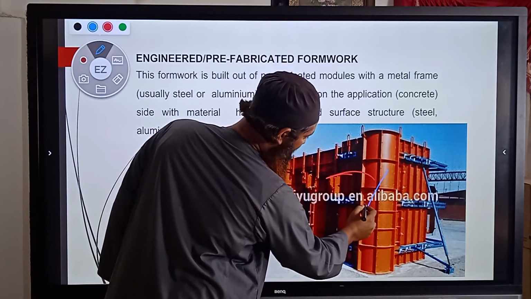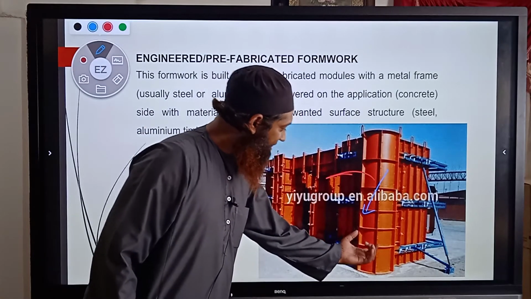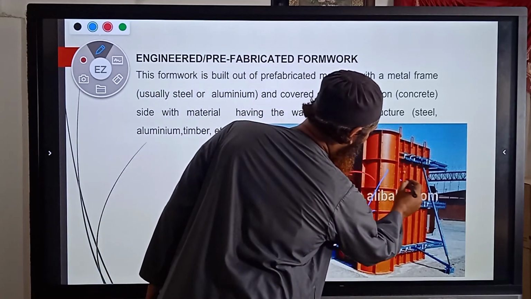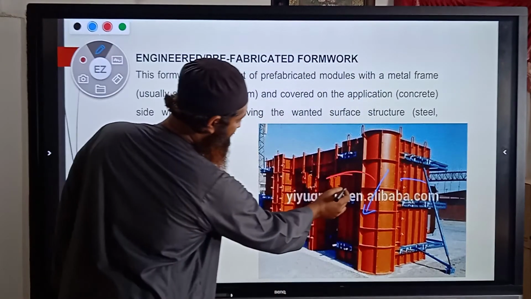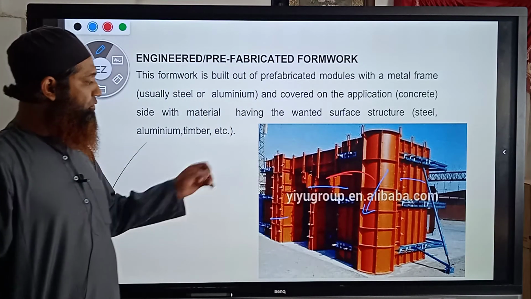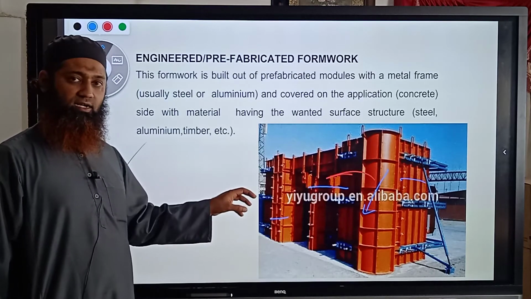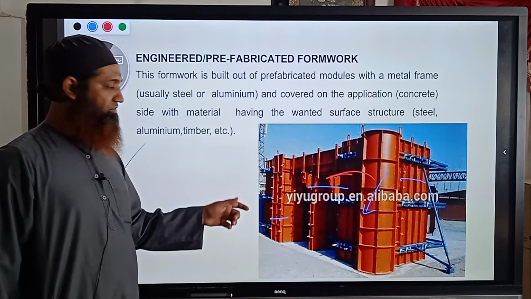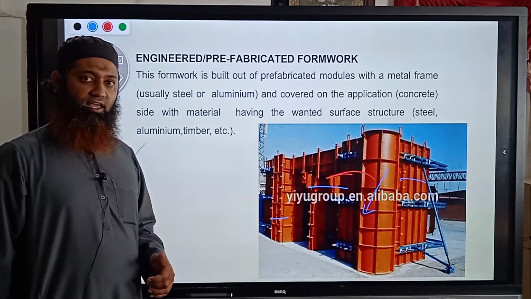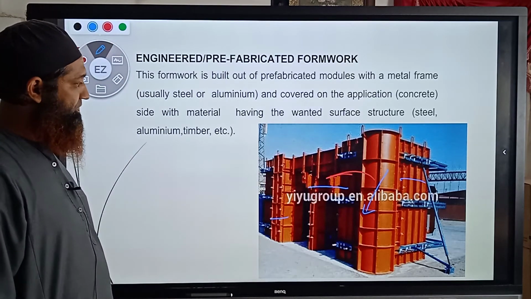You can see here you have a circular column, as well as a concrete wall. At these places where we require a specific type of formwork, we pre-order it, we prefabricate it as per our requirement, and we get it onto the site and erect it here.